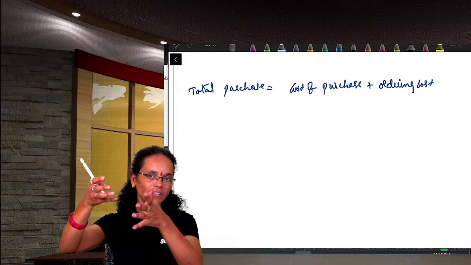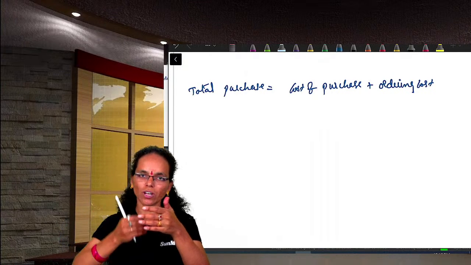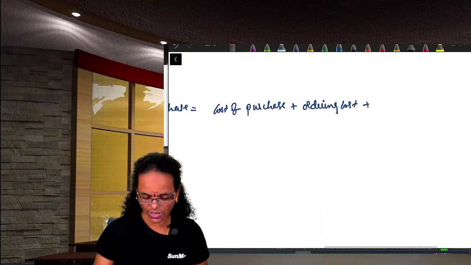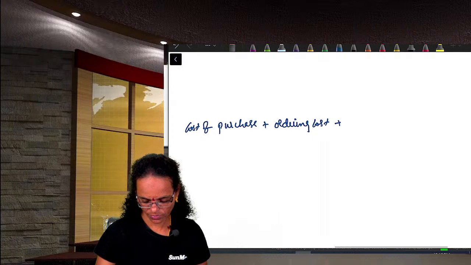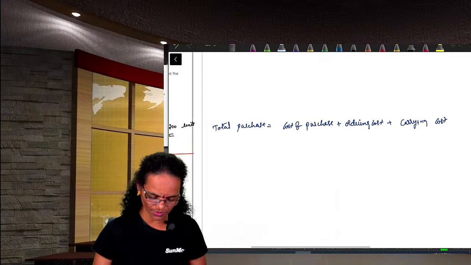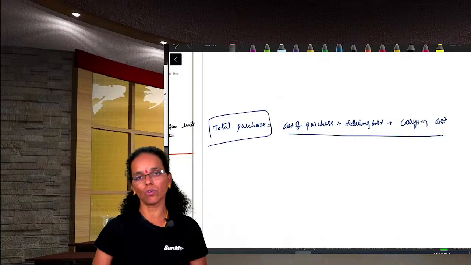When we have placed a request, we got the goods or components into our godown. We need to carry those goods. So carrying cost.